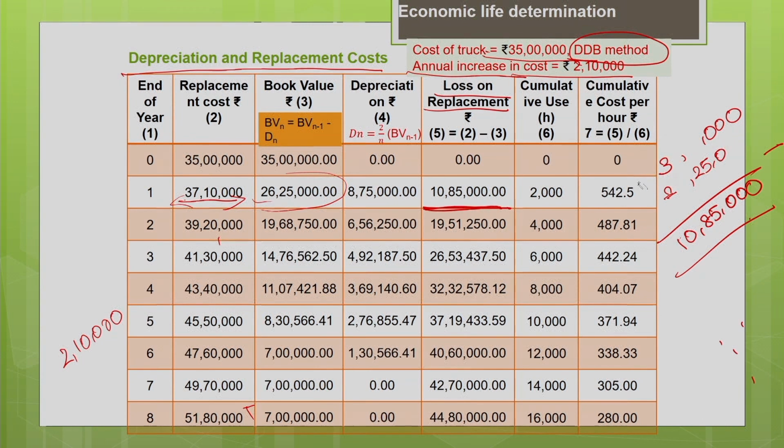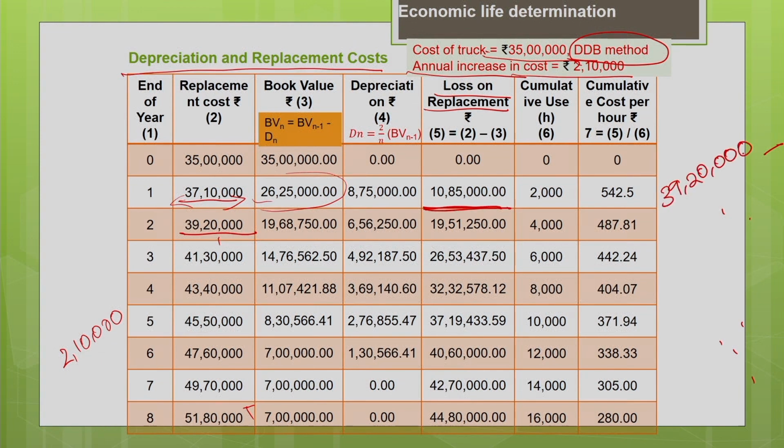Similarly, if I replace a machine at the end of second year, you can see the machine has increased in cost to 39 lakh 20,000 due to inflation, but the book value has gone down to 19 lakh 68,750. So, this is your inflow actually. So, the actual loss for the replacement at the end of second year will be 19 lakh 51,250.